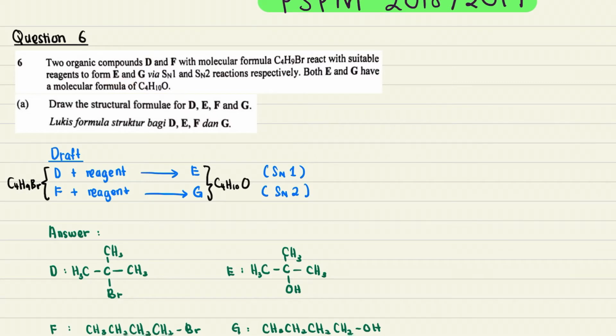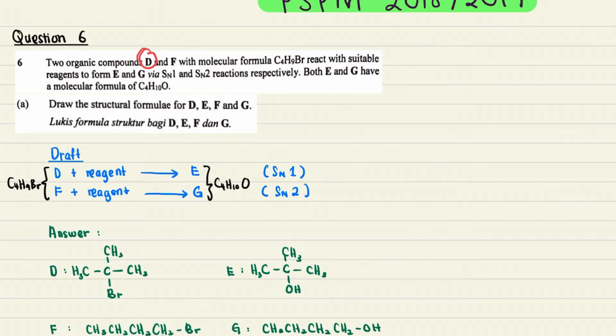Okay, so saya pun buatlah D plus reagent dapat E. F plus reagent dapat G. Okay, so lepas tu via SN1 and SN2 respectively. Okay, so the word respectively here maksudnya benda yang dia sebut awal itu geng dia. Macam mana nak cakap? Like this one, D menghasilkan mana? D menghasilkan G ke menghasilkan E?